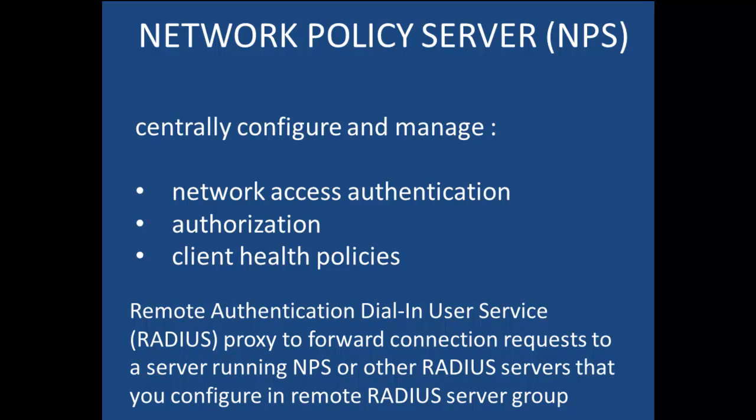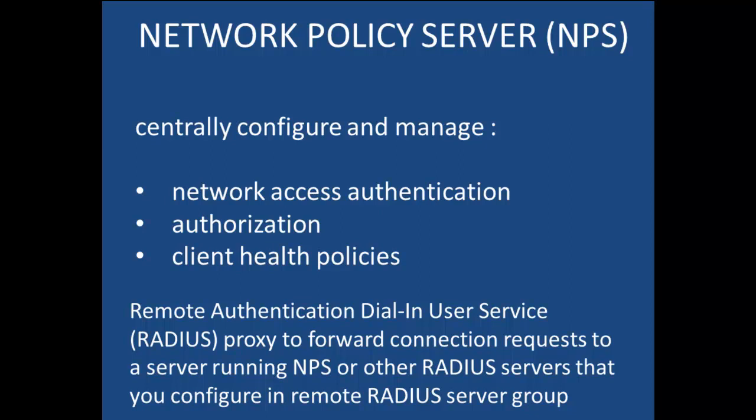The access server, the VPN or the dial-in server, will then send that request message to the Network Policy Server, and the Network Policy Server will evaluate that request. Because on the Network Policy Server, you are now able to configure different types of policies, and these policies centrally manage network access.